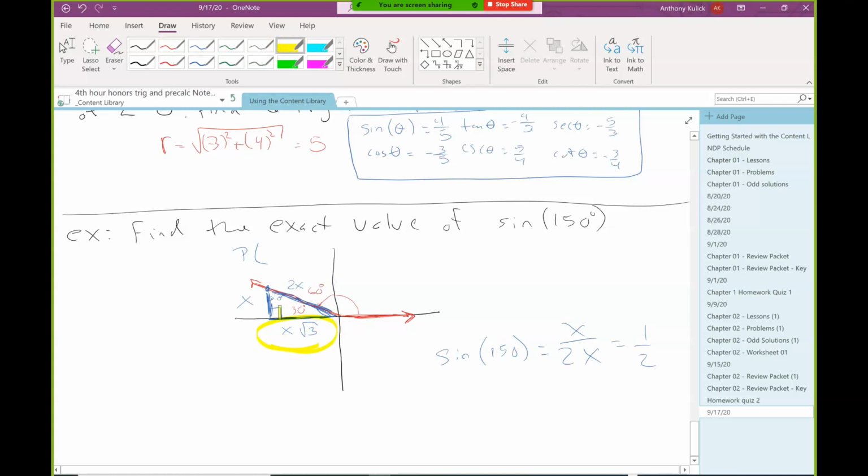So this value should really be negative, right? This value should still be positive. So this didn't affect the answer for sine of 150. But if we instead wanted cosine of 150, here we should have negative x root 3 over 2x, or negative square root of 3 over 2.